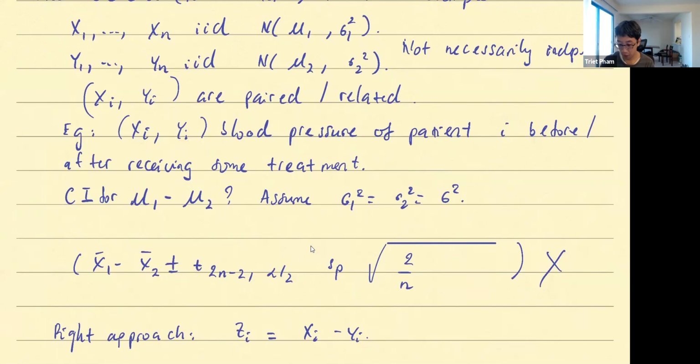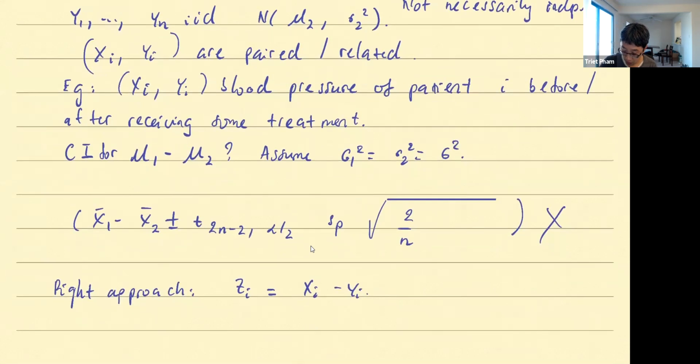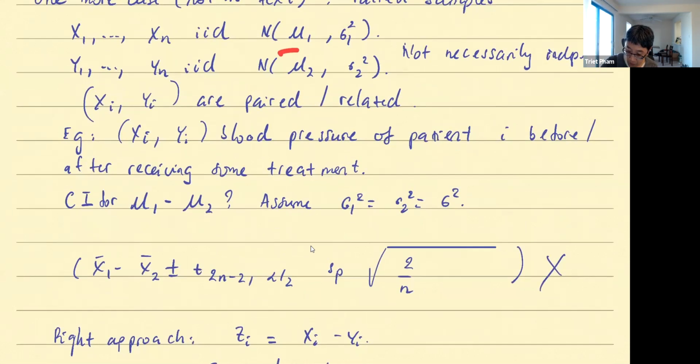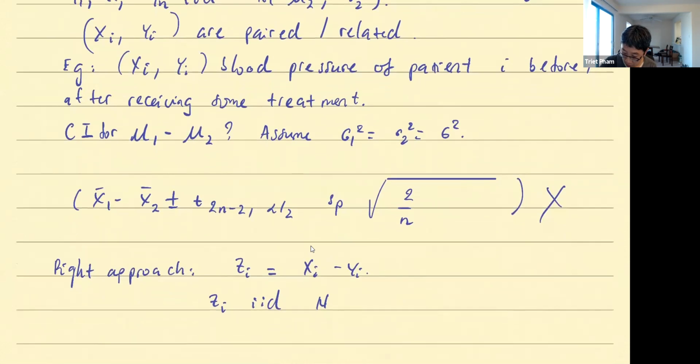Of course, if they have this data, they can construct the difference. Then what is the distribution of Zi? Zi will be IID normal, from our assumption, with mean mu1 minus mu2 and some variance, which we just call sigma square.